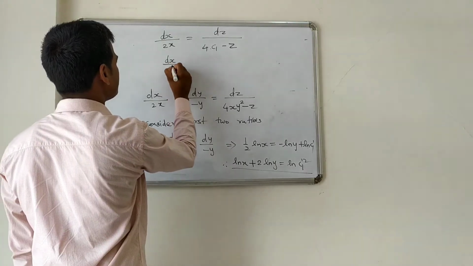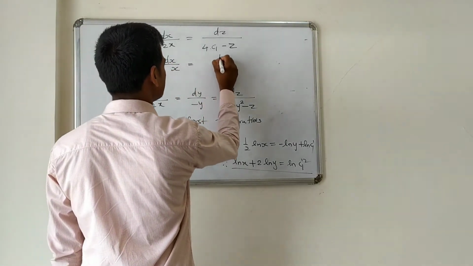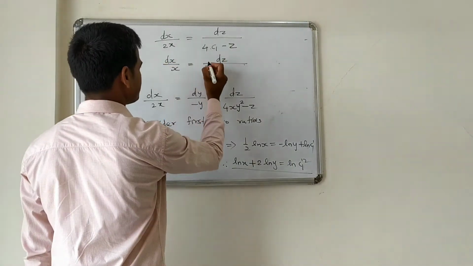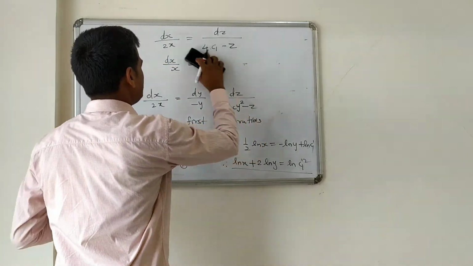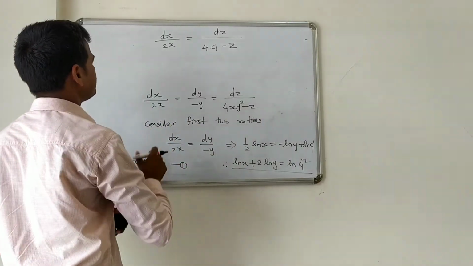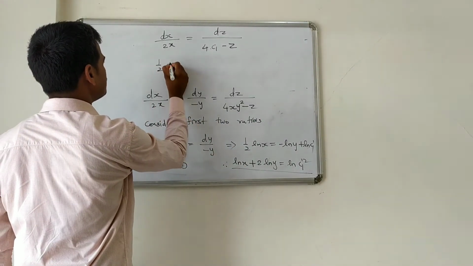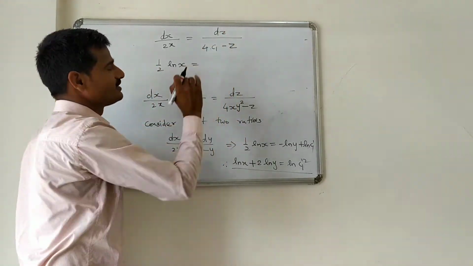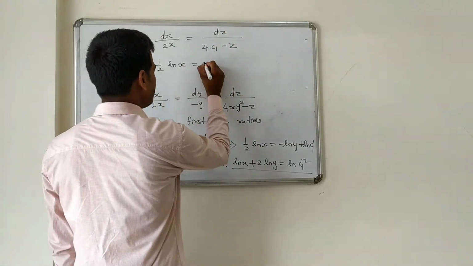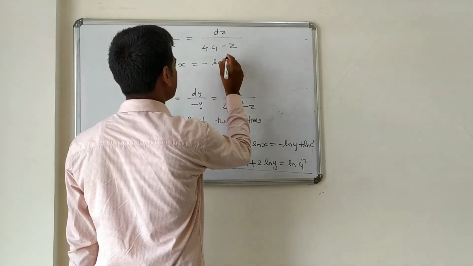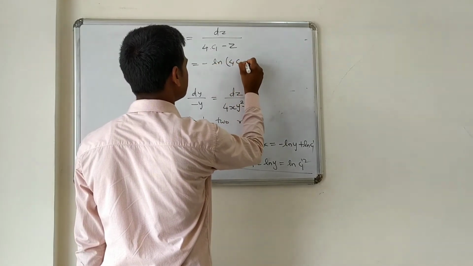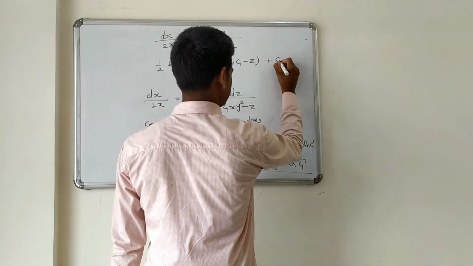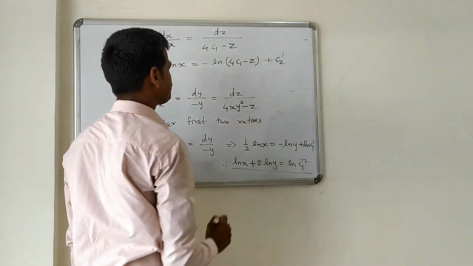Now you do one thing: you multiply it by 2. I will do one thing, I will integrate as it is. So 1 by 2 ln x is equal to, now what is the integration of this, minus ln of 4c1 minus z plus, let us say, c2 dash.